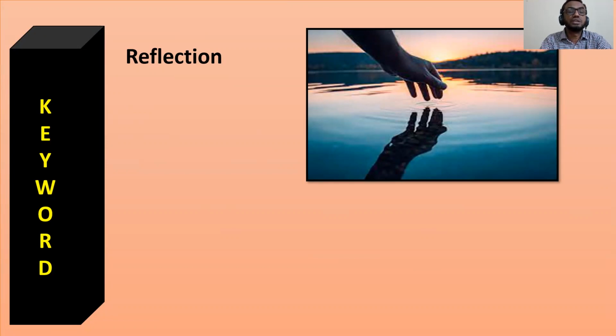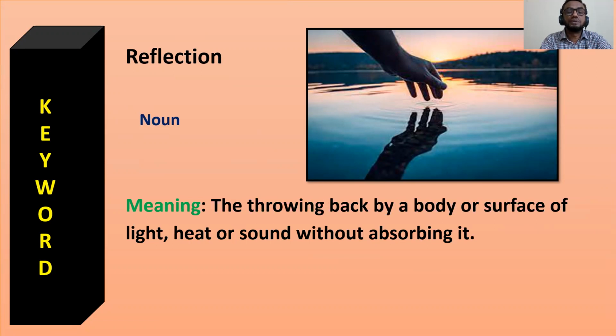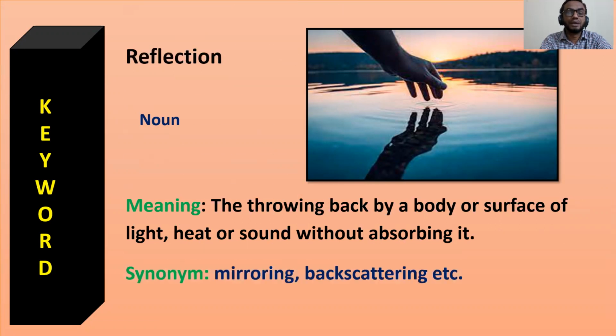Reflection is a noun, and the meaning of reflection is the throwing back by a body or surface of light, heat, or sound without absorbing it. Okay? The synonyms are mirroring, backscattering, etc. Okay, this is the first keyword. You should write it down in your notebook or khata, please.